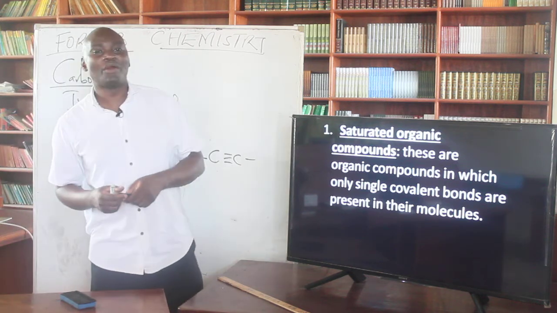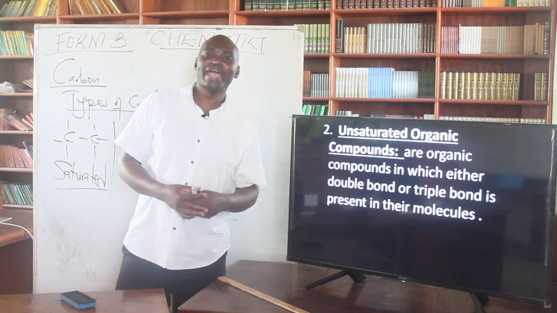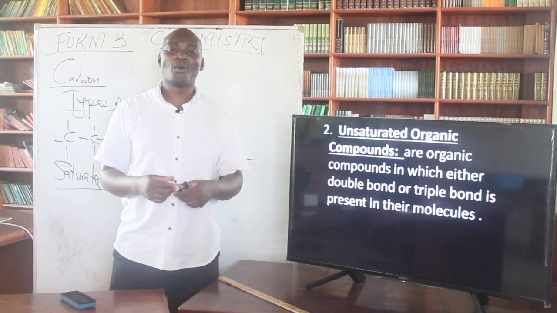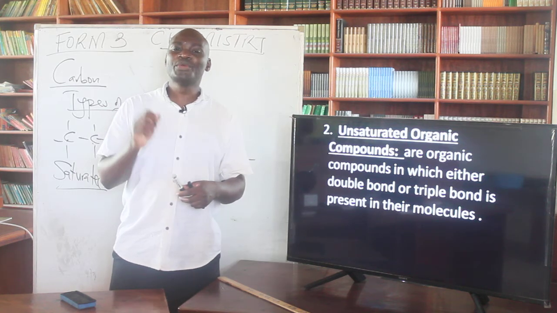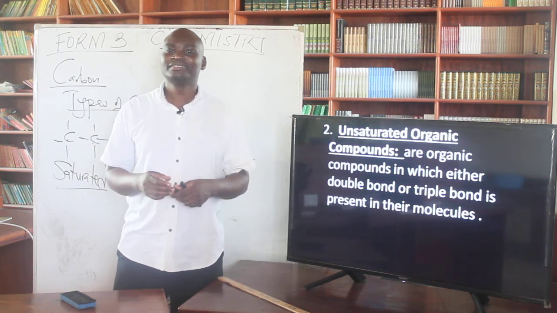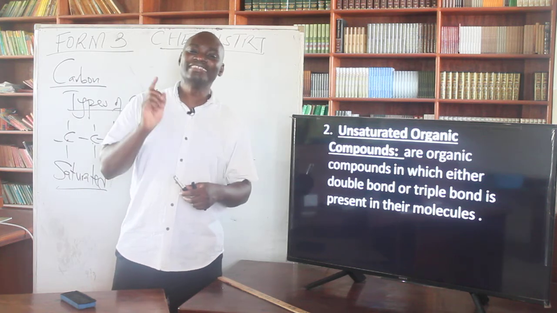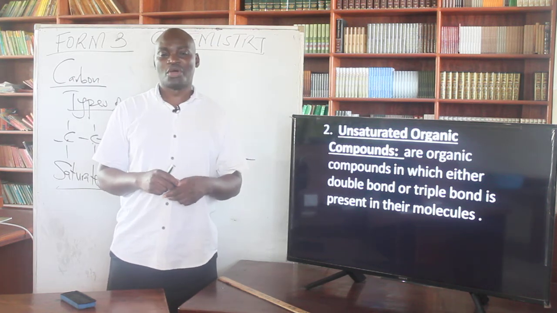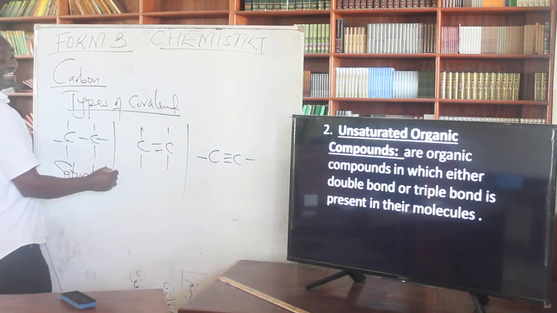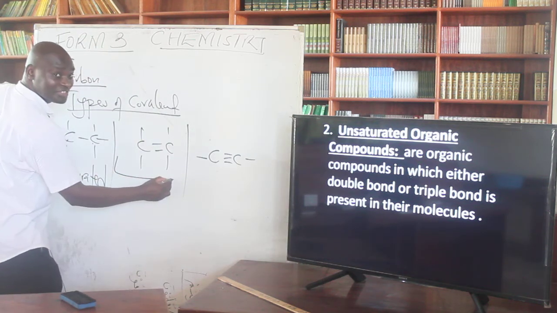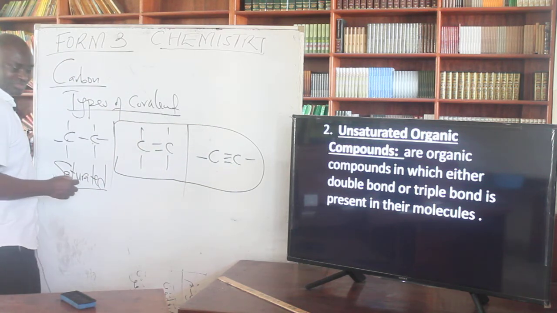Saturated. Now, the second thing is to define unsaturated organic compounds. These are organic compounds in which either double bond or triple bond is present in their molecules. So in those compounds, you can either get double bond or a triple bond in their molecules.